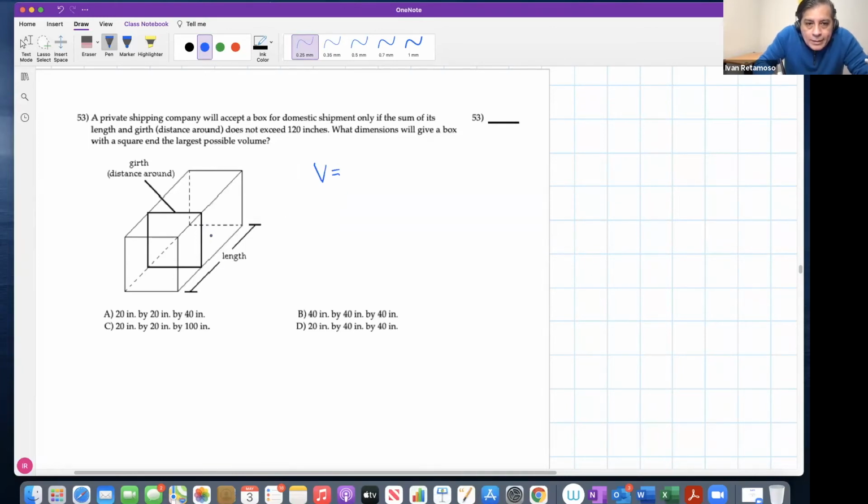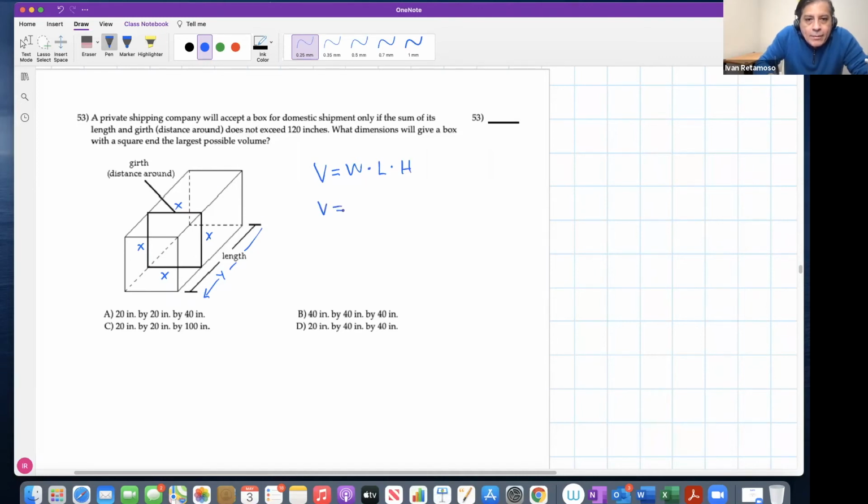If we call this width x, this width x, and this length y, what should be that volume? Notice this is a square, so this will also be x, this will also be x. The volume, remember, is in general the width multiplied by the length multiplied by the height, the volume of any box.